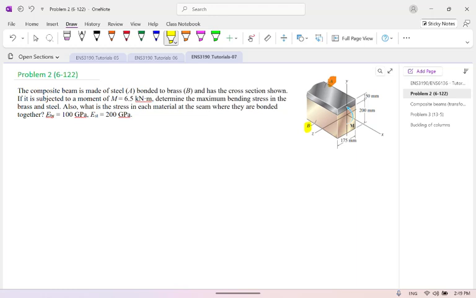Also, what is the stress in each material at the seam, where they are bonded together, that means at the junction location. The brass stiffness is 100 gigapascal, and steel has a Young's modulus of 200 gigapascal.